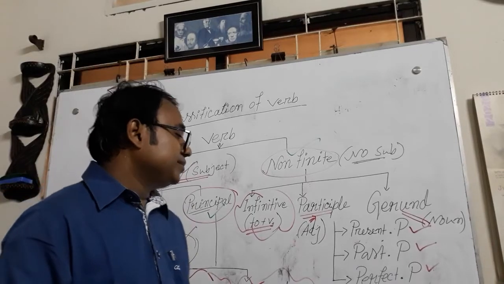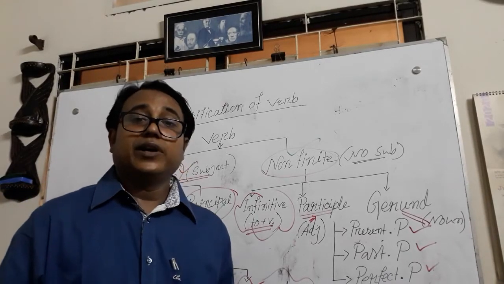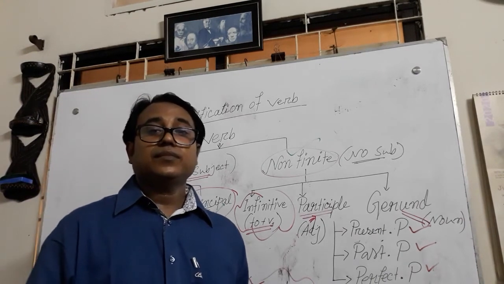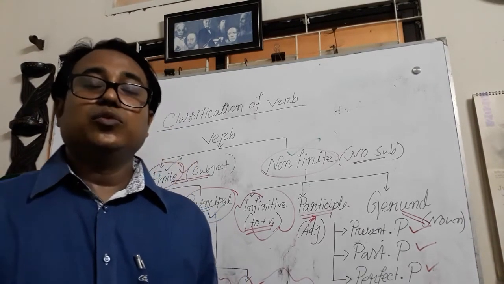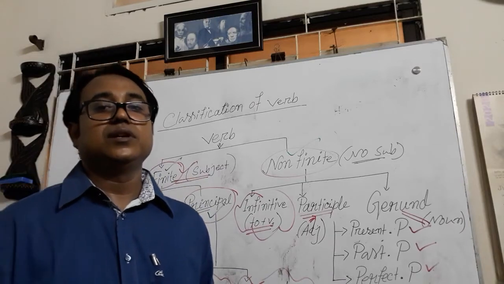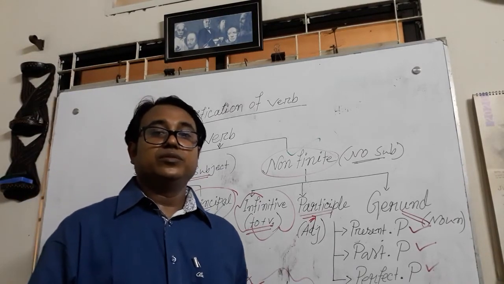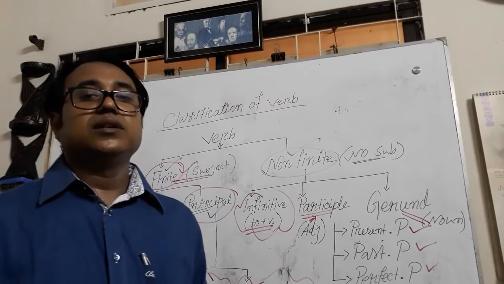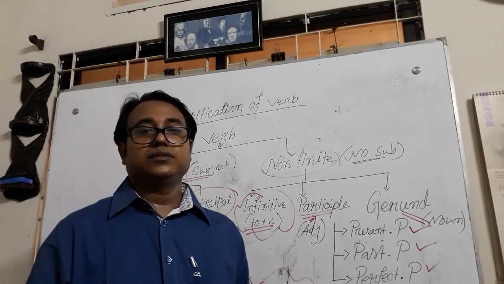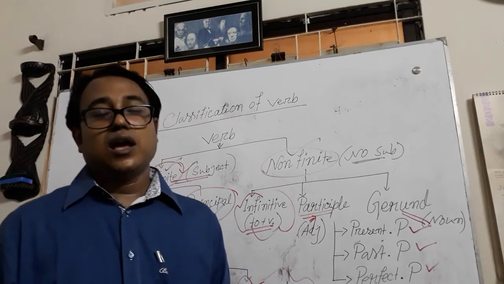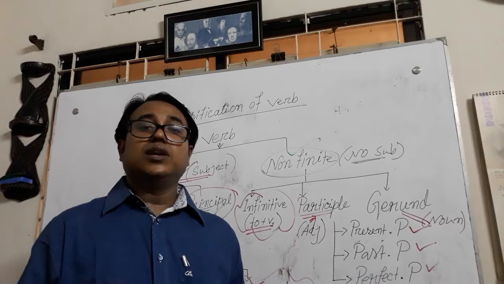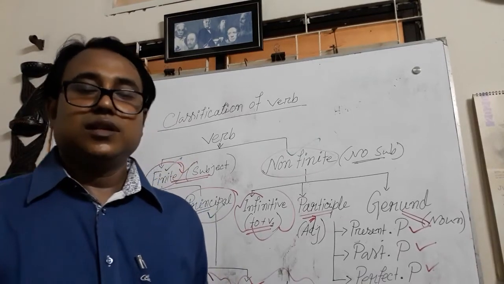Perfect participle. Perfect participle actually takes place with having. For example, we can say having done the work, or having finished the work, like that.